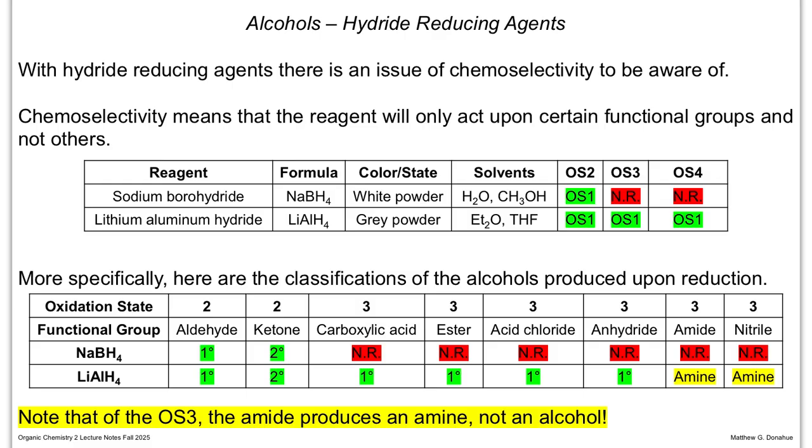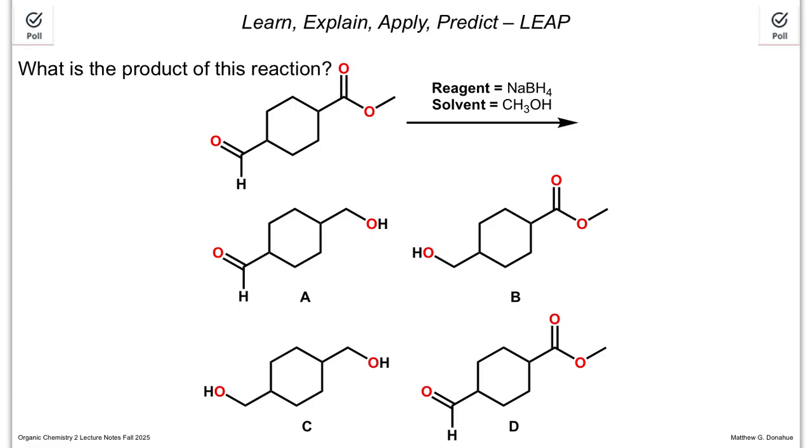The ketone's the only oddball where the carbonyl group can be in the middle of the carbon chain. These last two, amide and nitrile, when we start talking about amines, that's when we'll look at their reactivity and why they don't produce alcohols. Say you have, this is a difunctional molecule.